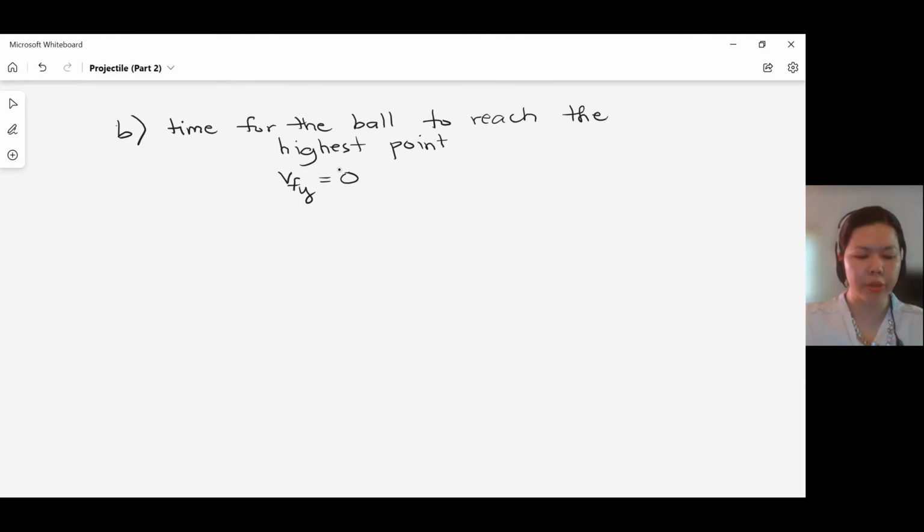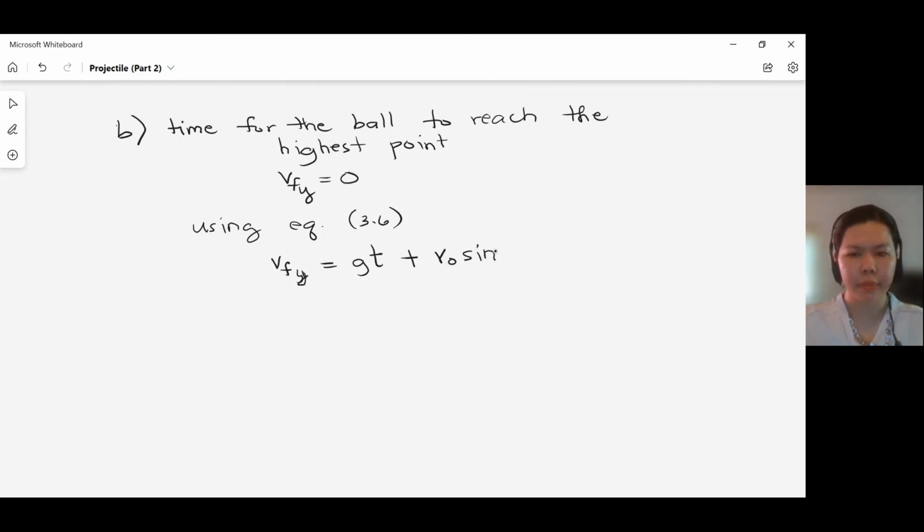And then we use equation 3.6. We have Vfy is equal to GT plus V naught sine alpha naught. So Vfy at the highest point is 0.